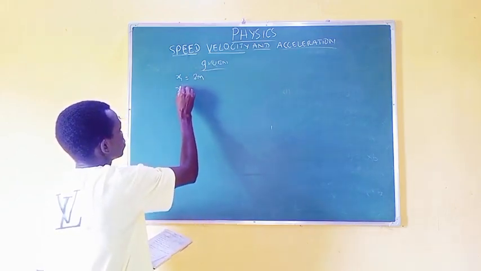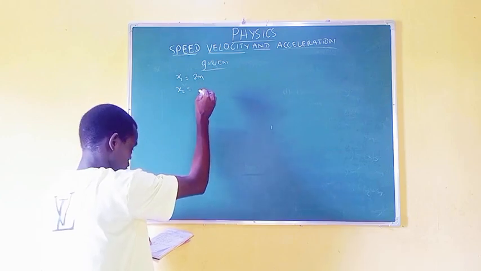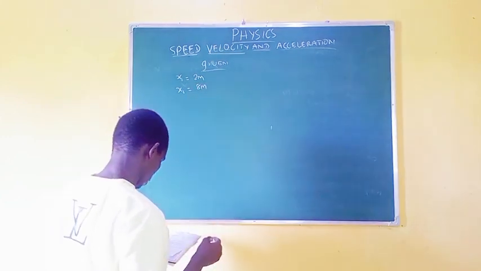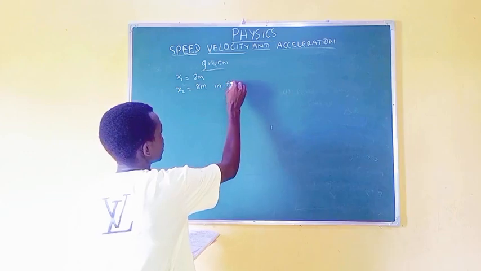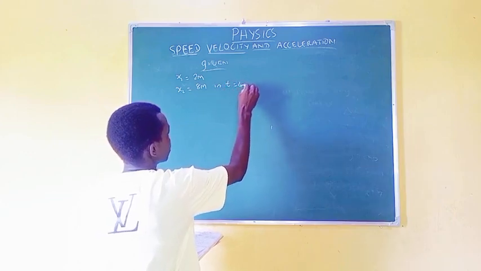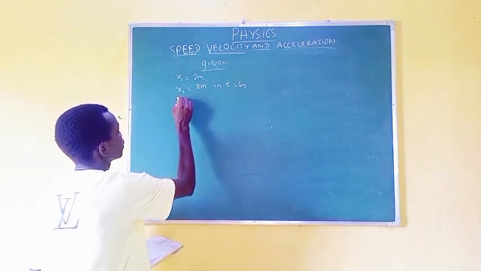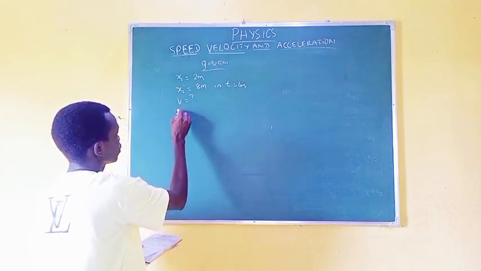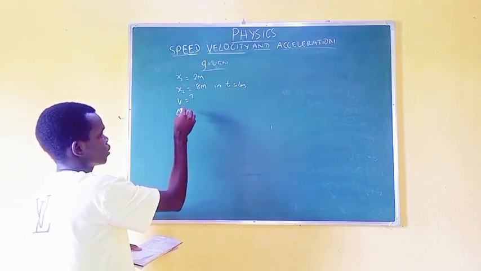We have final displacement is equal to 8 meters in time, which is 4 seconds. We are asked to find the velocity and change in displacement, or displacement.